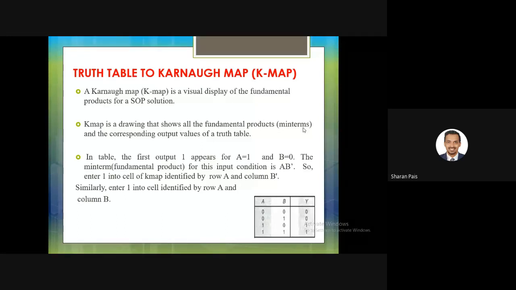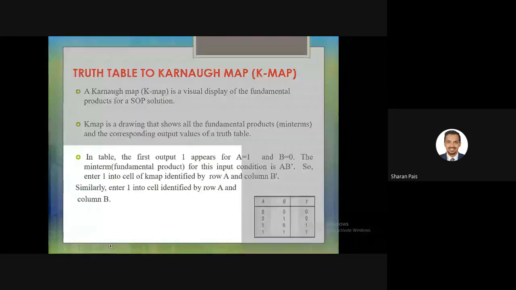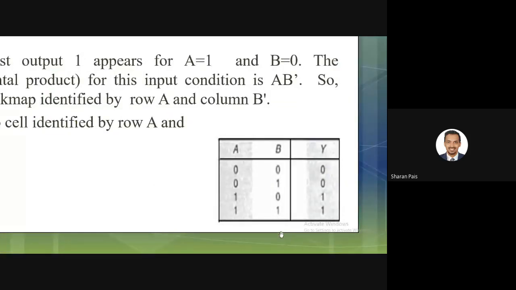Wherever the output appears 1, we are writing 1 in the K-map. Wherever it is 0, we are writing 0. Right? So one example is given. You can see on the screen. I will try to zoom this.